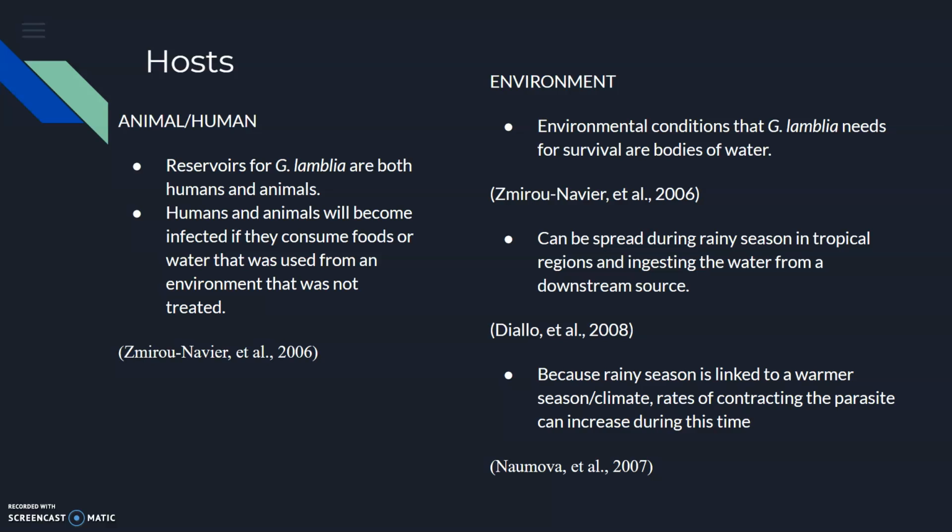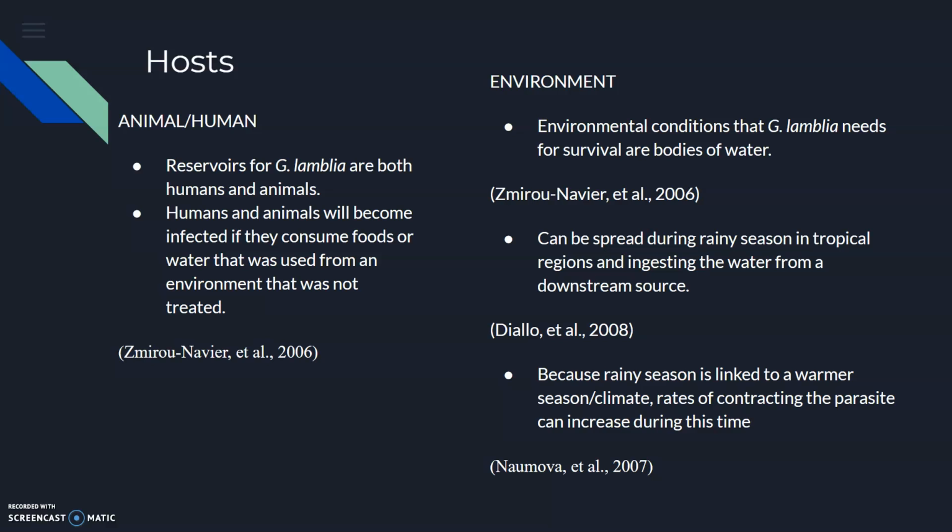So let's say an animal that is contaminated or infected with Giardia lamblia goes to the restroom upstream from a lake or something, and then an animal or human will drink from that lake, and they will therefore contract Giardia lamblia.